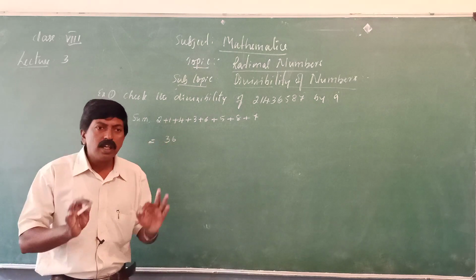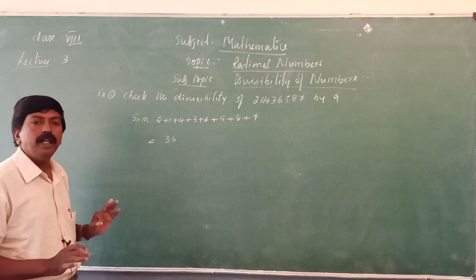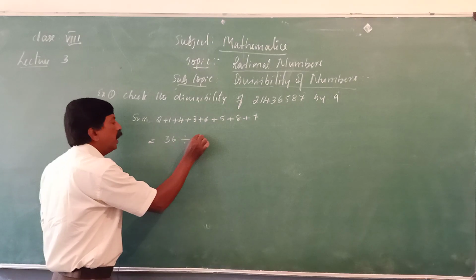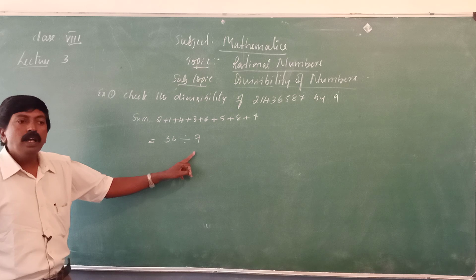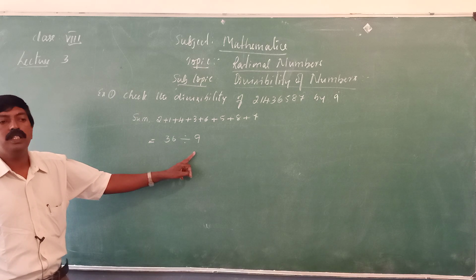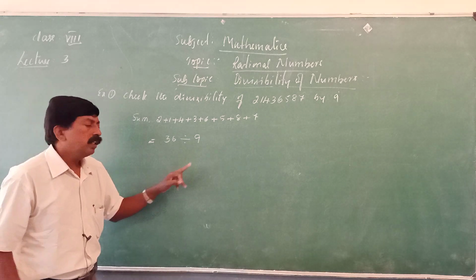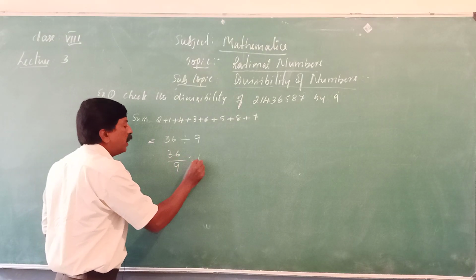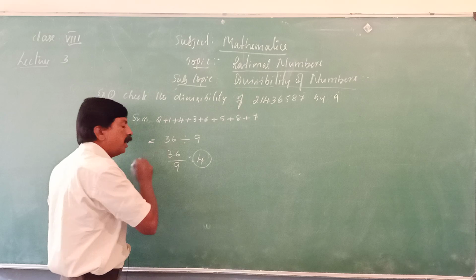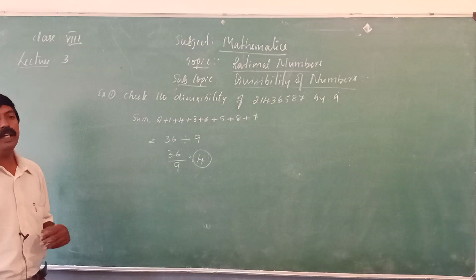Now you can check this by dividing by 9. How many times does 9 divide 36? 9 fours are 36. Therefore 36 divided by 9, you will get 4 as the quotient and 0 as the remainder.